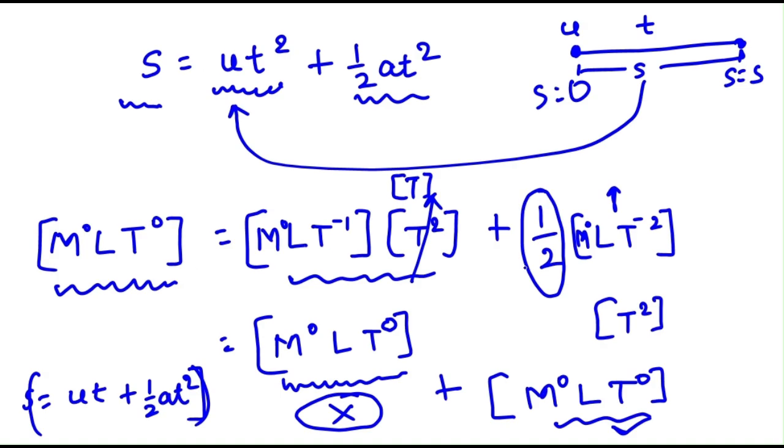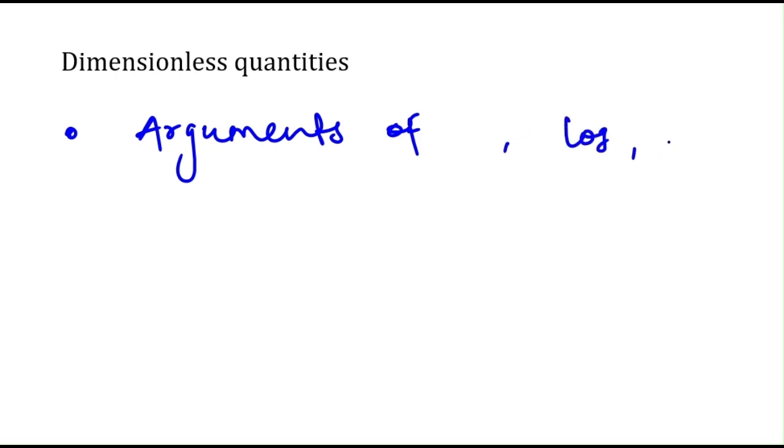Now, some quantities do not possess any dimension. I already gave an example here, 1 by 2, which is a number. So this number has no dimension. So there are some quantities which are dimensionless quantities. You can check the arguments of special functions like log function, like exponential function.